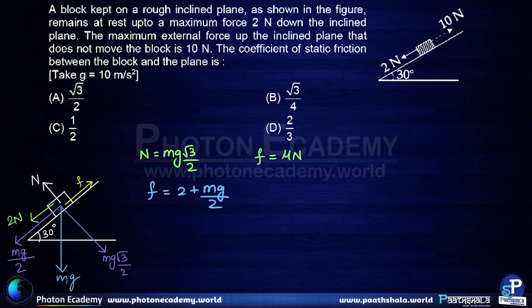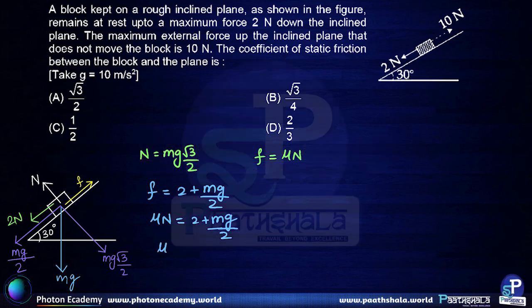Putting the value of F, which is mu N, equals 2 plus mg by 2. Now normal equals mg root 3 by 2. So mu into mg root 3 by 2 equals 2 plus mg by 2.